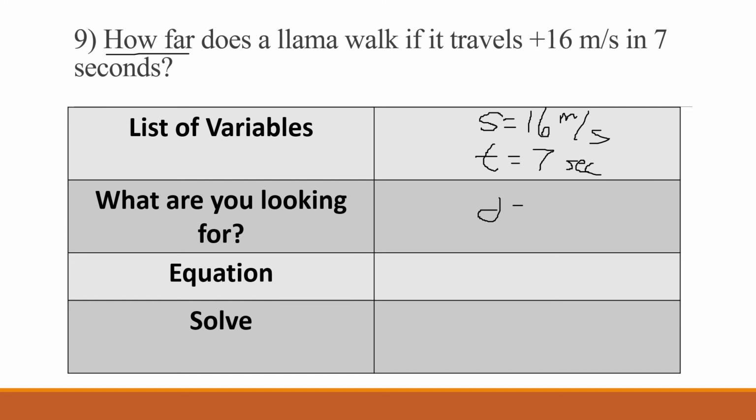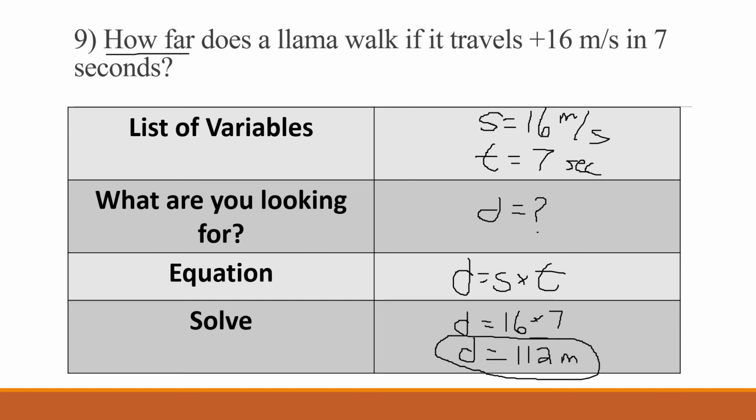I'm looking for distance. We're not going to use that distance equation that we did the last two problems because we don't have an acceleration. So this is just distance equals speed times time. And of course, when you type 16 times 7 in the calculator, you get 112 is your answer. Thoughts, problems, questions, concerns?